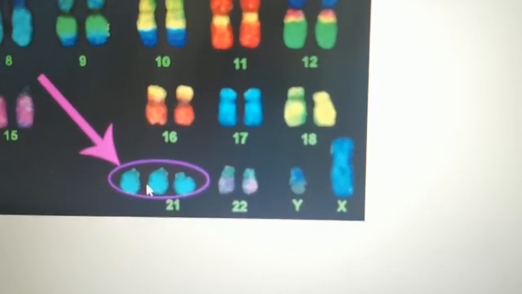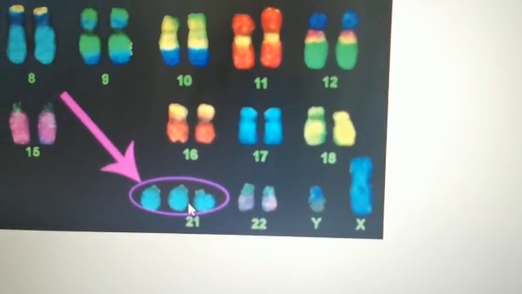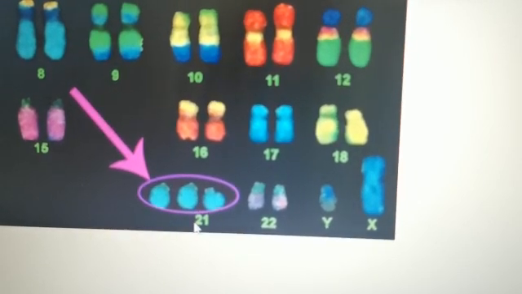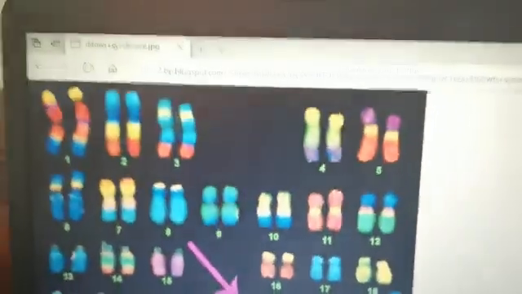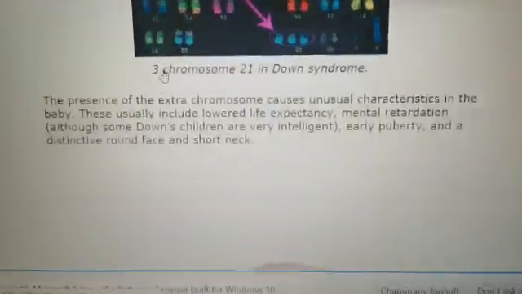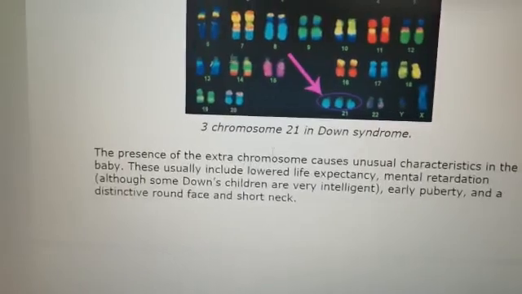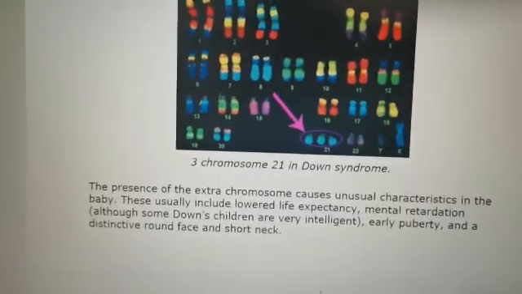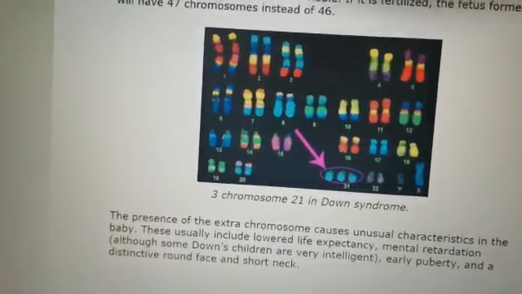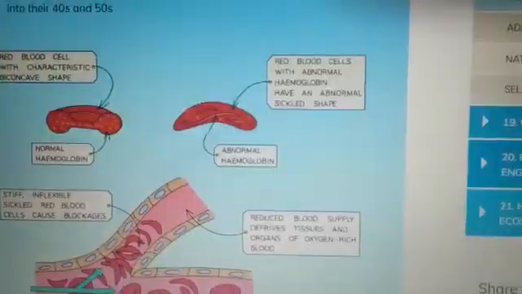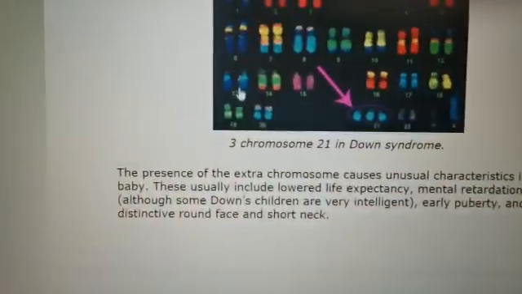Now in this 21st pair you can see 3 chromosomes instead of 2. That changes the total chromosome number of the baby, making it 47 instead of 46. That problem of the number of chromosomes in the baby is called Down syndrome.